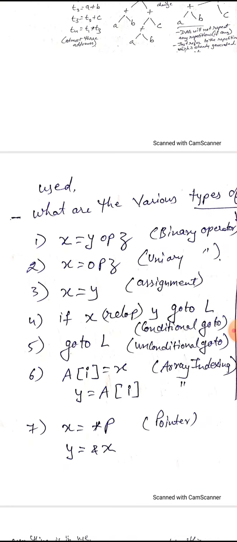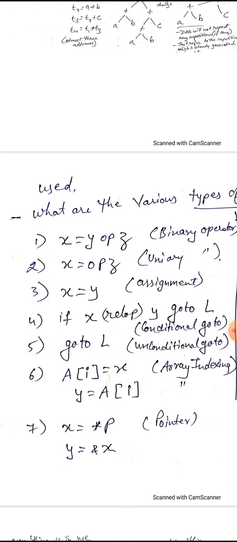We shall see how it could be done for if, while, for statement and switch statement, and convert them into 3 address code a little later, once we complete these 7 basic types of possible statements. So, the first one is x equal to y operator z. It is a binary operator: x equal to a plus b, a minus b, a divided by b, and so on. There is an operator and there are 2 operands which are required.